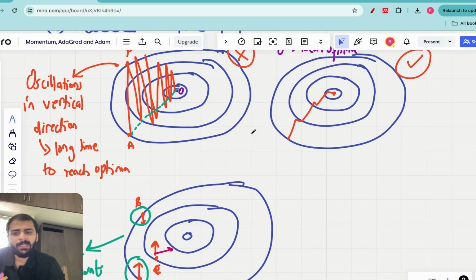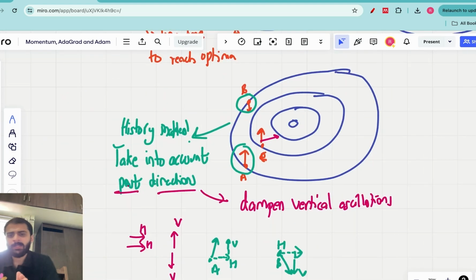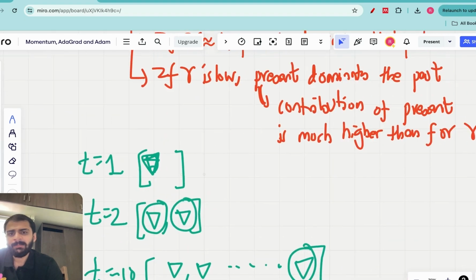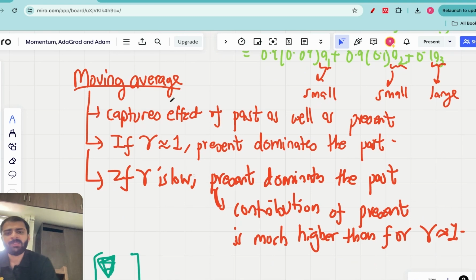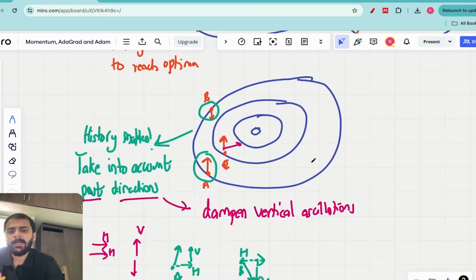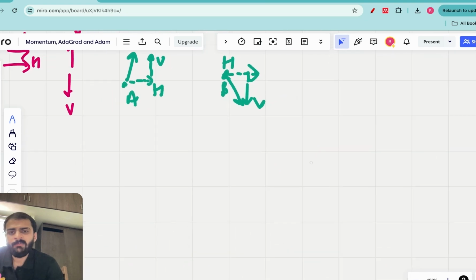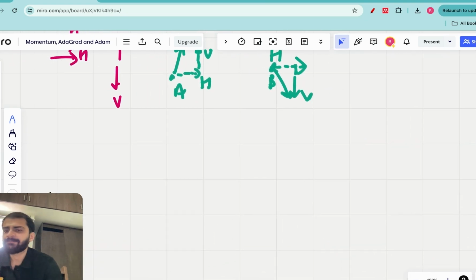And while writing here, you see I have written take into account past directions. This is where the concept of moving averages is applied, because remember, in moving average we capture the effect of past as well as the present, right? So let me show you how the concept of moving average comes into the picture here.